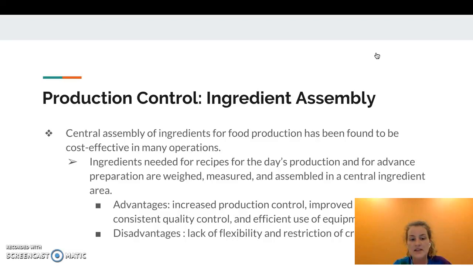Some disadvantages are a lack of flexibility, because it's already bagged and has a certain amount, so if you run out and didn't prepare enough, you're out of luck. And also a restriction of the creativity of the cooks. This is usually alleviated when cooks are allowed to adjust seasonings and garnishes at the point of production, so they can add their own little touch to it.